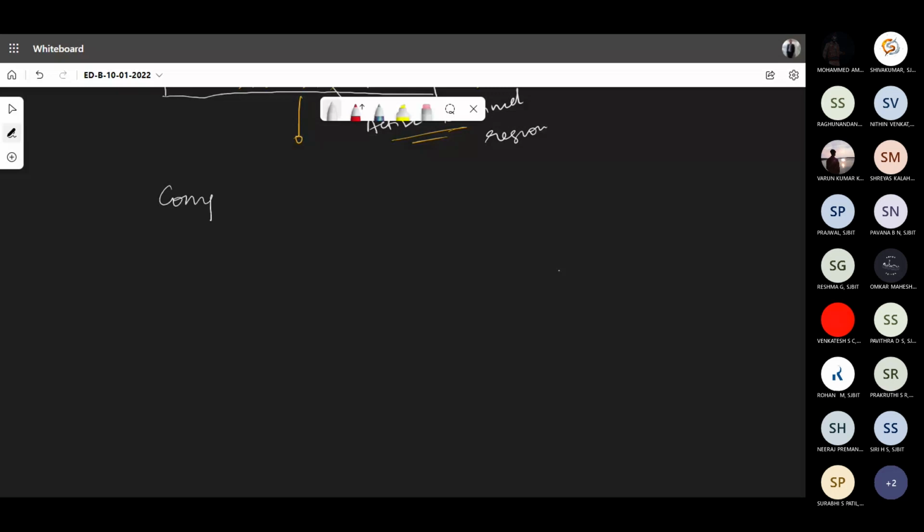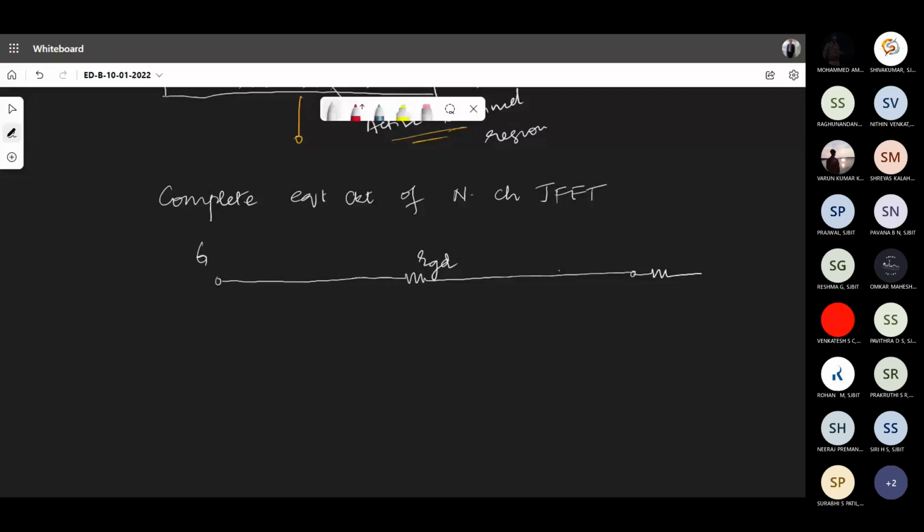Complete equivalent circuit of N channel JFET. RGB, CGB, same thing, but just rewriting it.